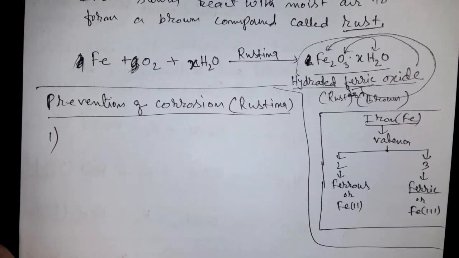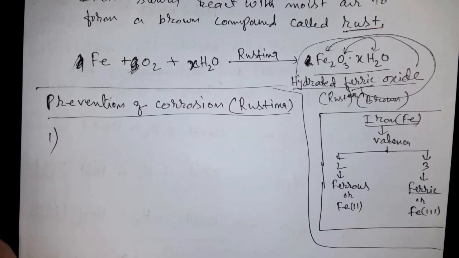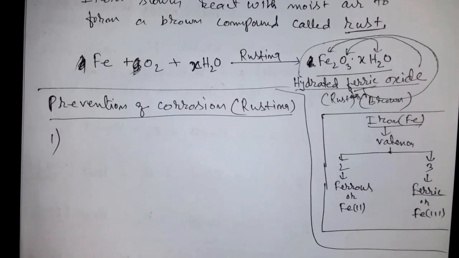Whenever we are doing painting, it is not only for good looks or decoration, it is also for protecting the metal from corrosion, that is, from spoiling. So if you put painting on any metal, because of the painting the gases in the air or moisture will not come in direct touch with the metal, so corrosion will not be there.